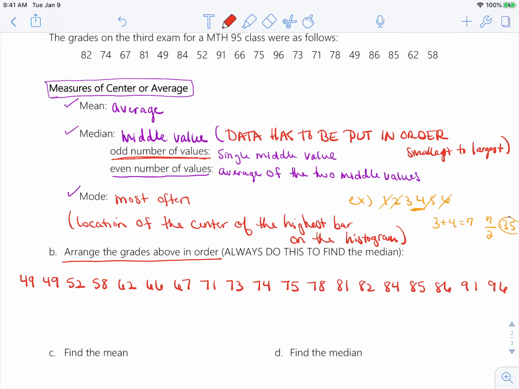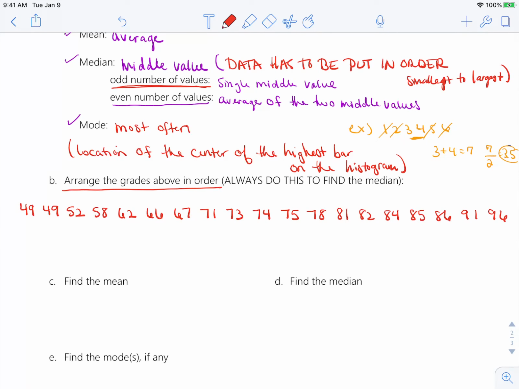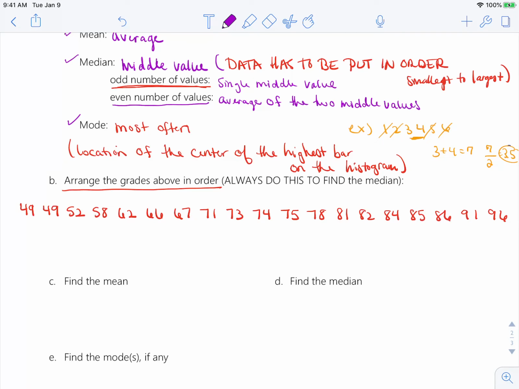Okay. So the mean, which I'm assuming a lot of us are familiar with, means we have to take the average. So we need to add up all these values. I'm not going to write it all down because it's just way too much, right? So hopefully you're okay with that. And then you need to divide it by how many values you have, which is 19 for us.